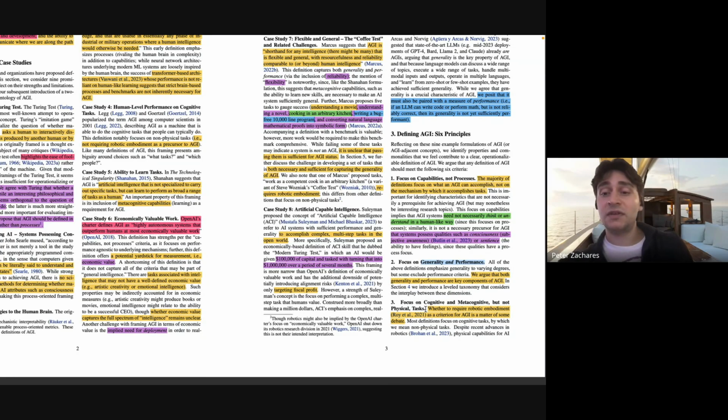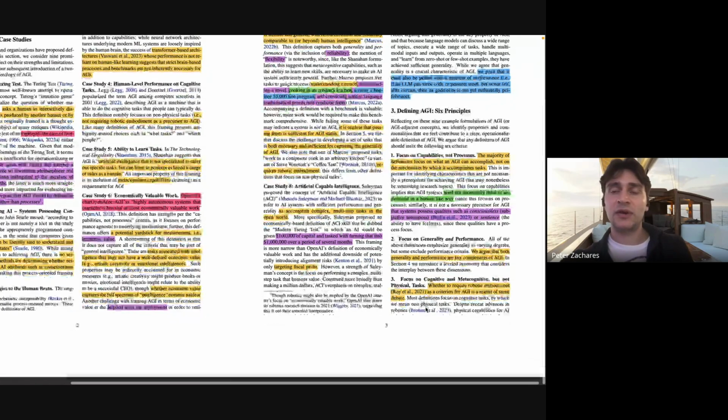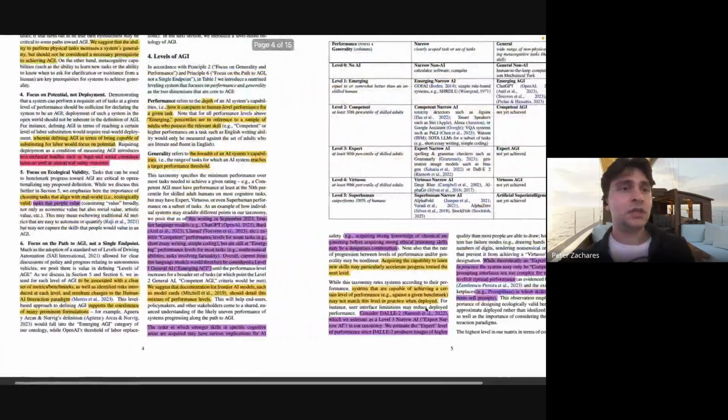Focus on cognitive and metacognitive tasks, but not physical tasks. We'll get back to a definition of what metacognition is when we come back here. But this is basically saying focus on thinking tasks instead of tasks where you have to actually accomplish something physical.